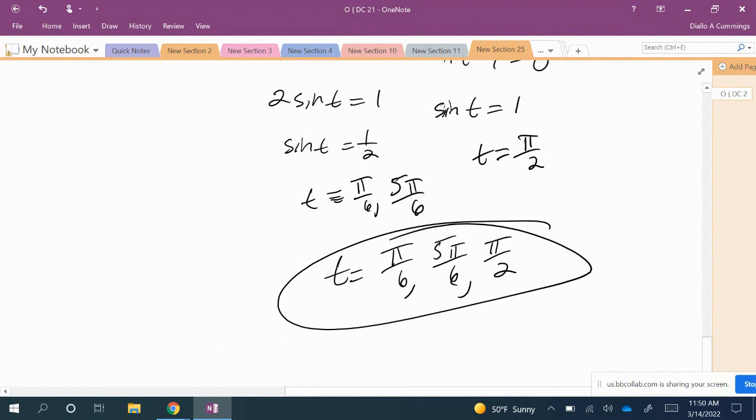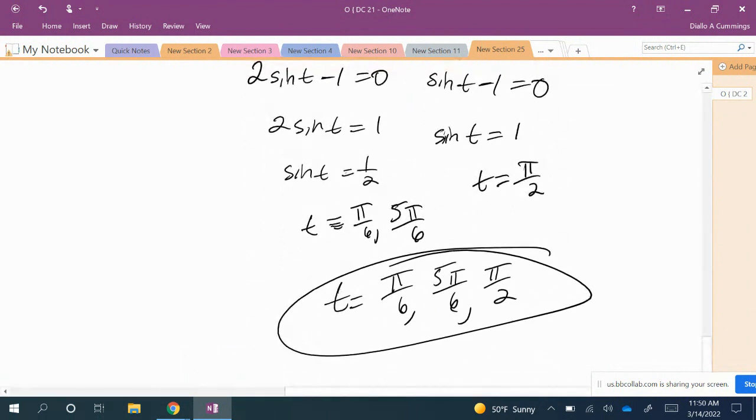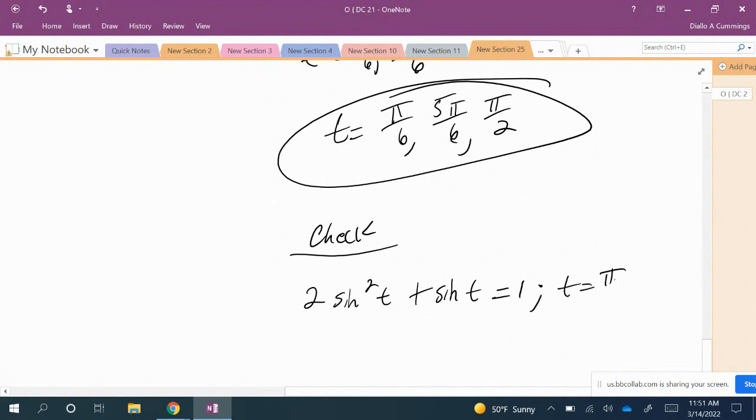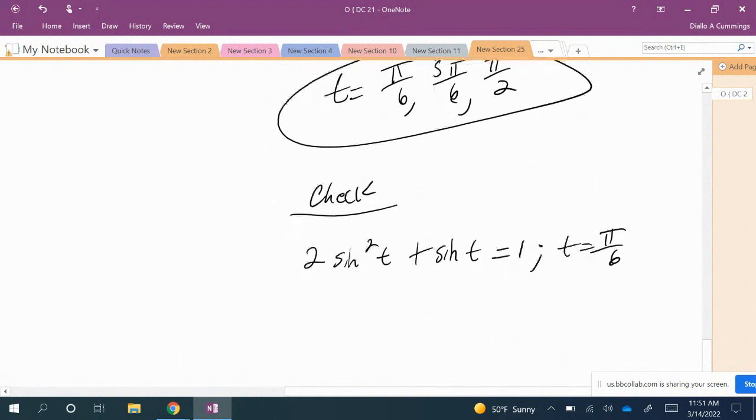I'll leave it to you to check, but I will check one of these. So here is the check. I'm going to go back to that original equation, 2 sine squared t plus sine t is equal to 1, and substitute t with pi over 6.